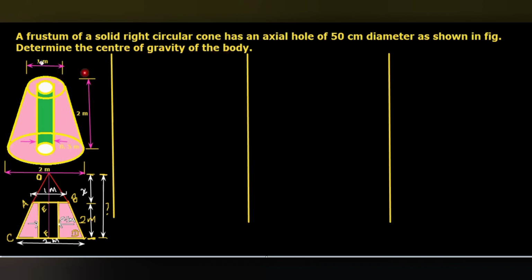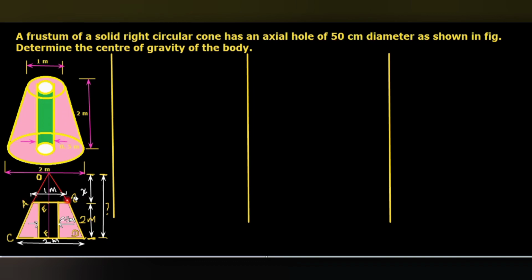Here, this is a frustum of cone. First of all, what is meant by frustum? If a cone, this is 3D, here the 2D projection is given, the cone OCD will be cut at the line AB.